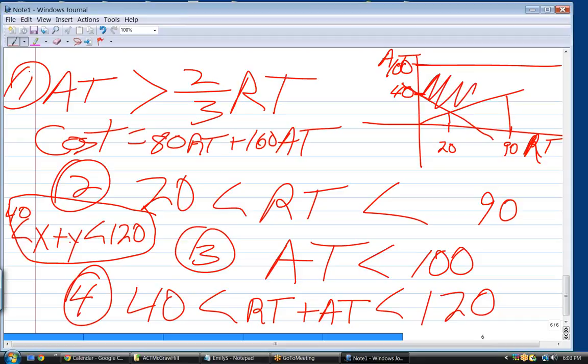And I also have y is less than 120 minus x, which is that line. Y is less than 120 minus x. So it would be in this area here.